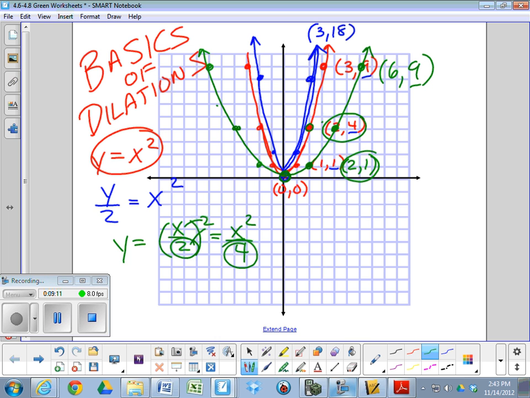What's a fourth of 4? 1. 2, 4 becomes 2, 1 because you cut it by 1/4. What you'll find with parabolas is you can either widen the x's or shrink the y's. Or you could make the y's taller or shrink the x's.